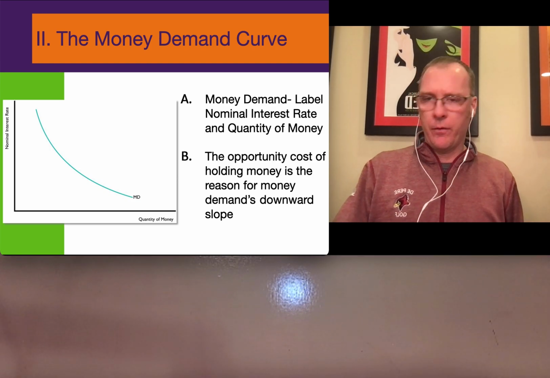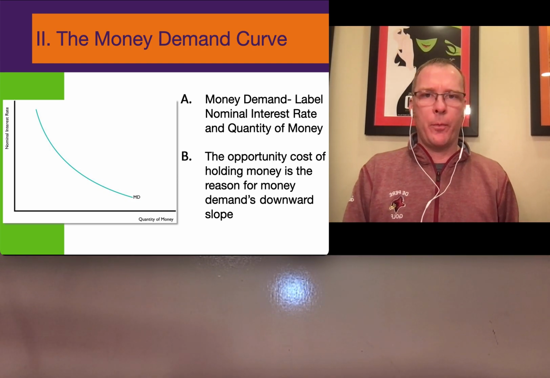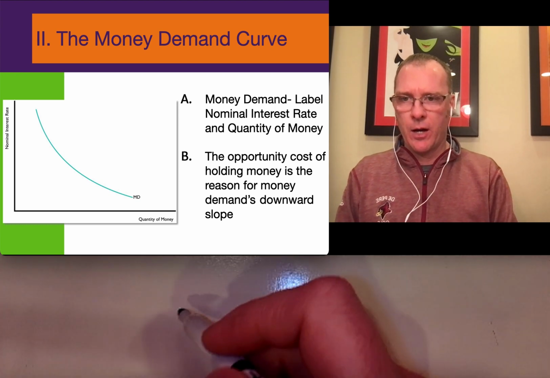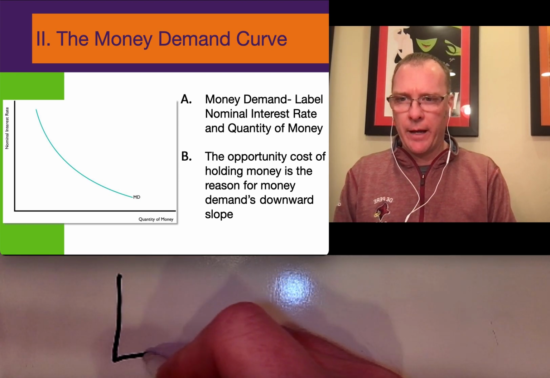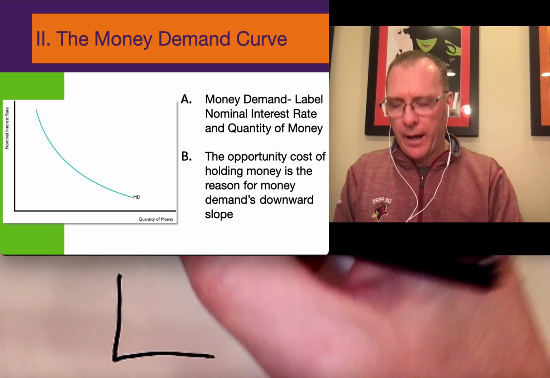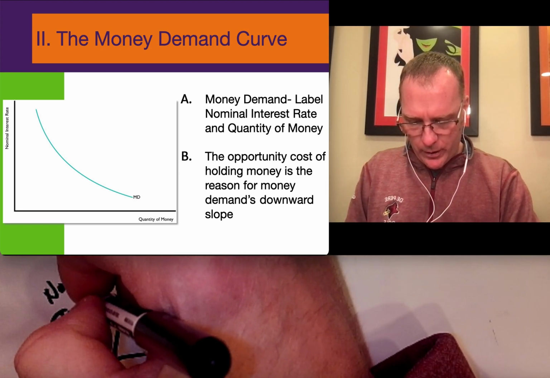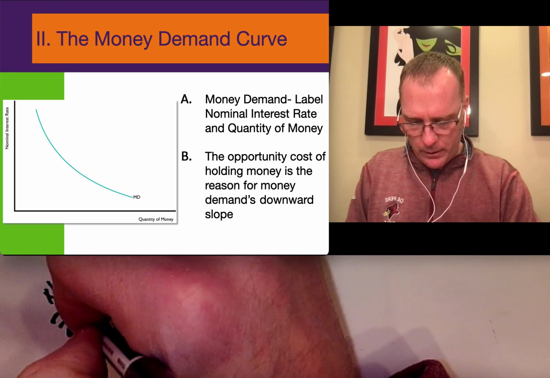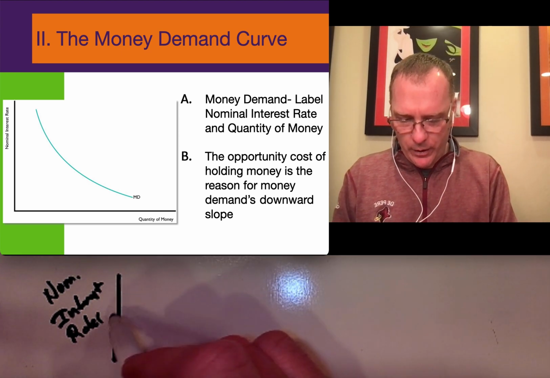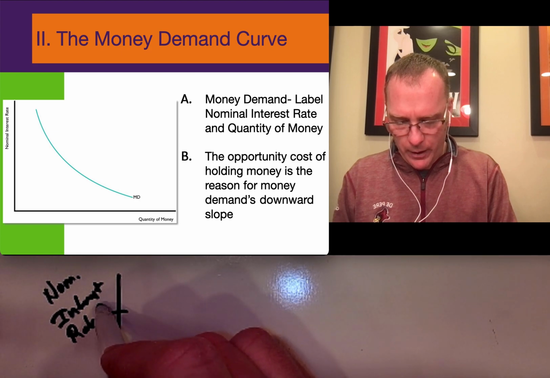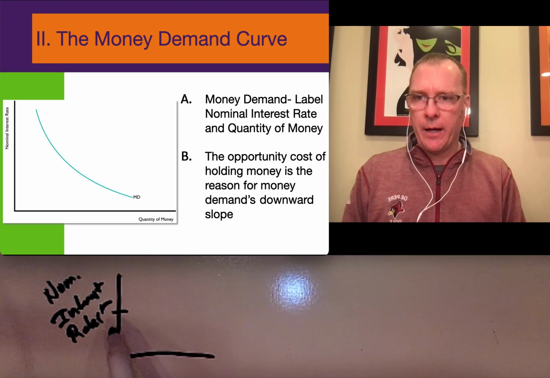So the money demand curve here is just downward sloping. Make sure we label this correctly: we have nominal interest rates over here, and we usually label this with an R. So we're talking about, hey, what are my interest rates?